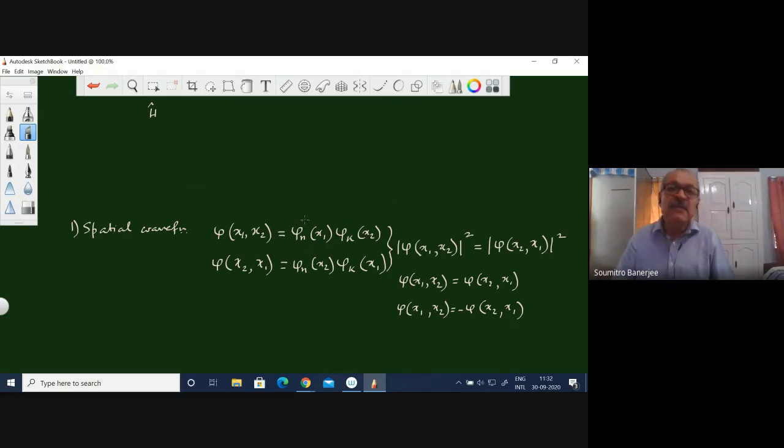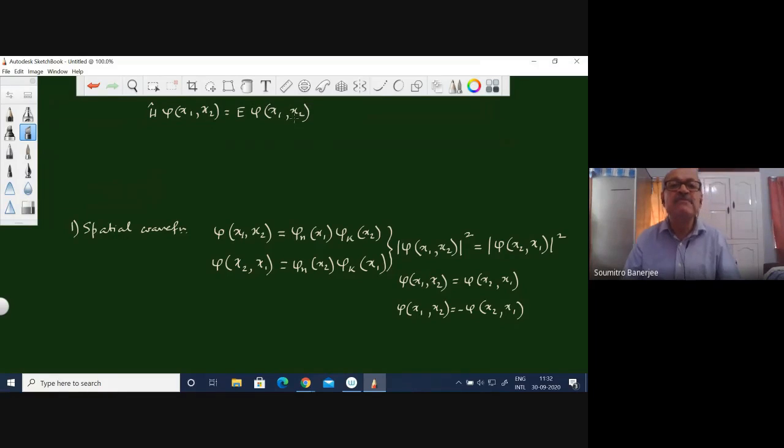So En plus Ek is the total, and this is the eigenfunction of the Hamiltonian operator with eigenvalue E. Basically we have seen that H psi(x1, x2) is equal to E psi(x1, x2).